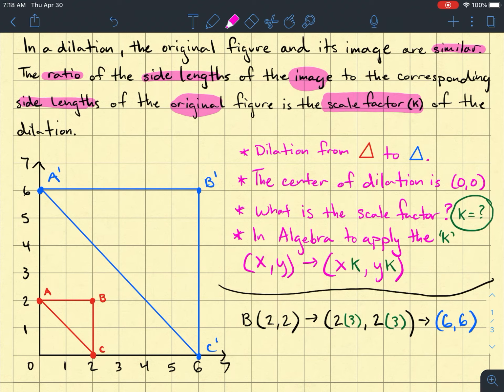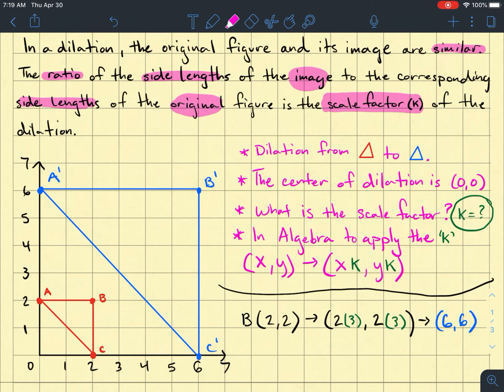The scale factor usually has the letter k representing it. Very similar to slope-intercept form, where m is usually the slope and b is usually the y-intercept. Those are just variables designating a particular meaning. In this case, k designates a scale factor when you perform a dilation.